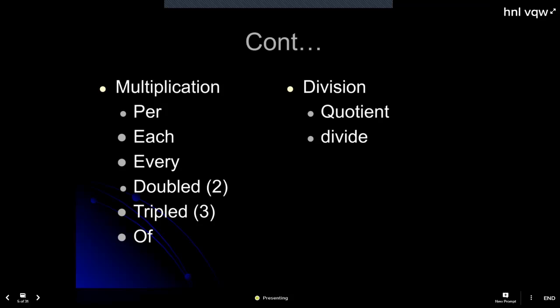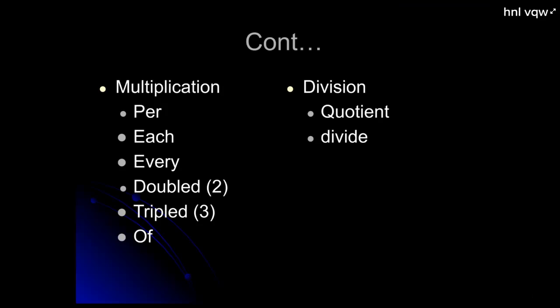All right, division, you might see quotient or divide, but really the thing you want to look for with division is that you're splitting something up into groups. That's the key with that. When you think about the problem, what's going on there, you realize, oh, they're taking a big group of something and they're splitting it into groups, you're going to be dividing.